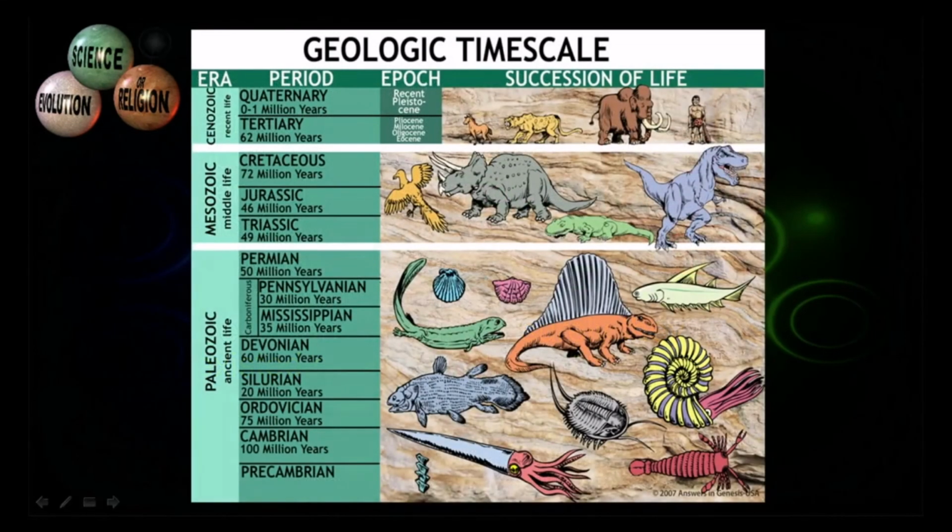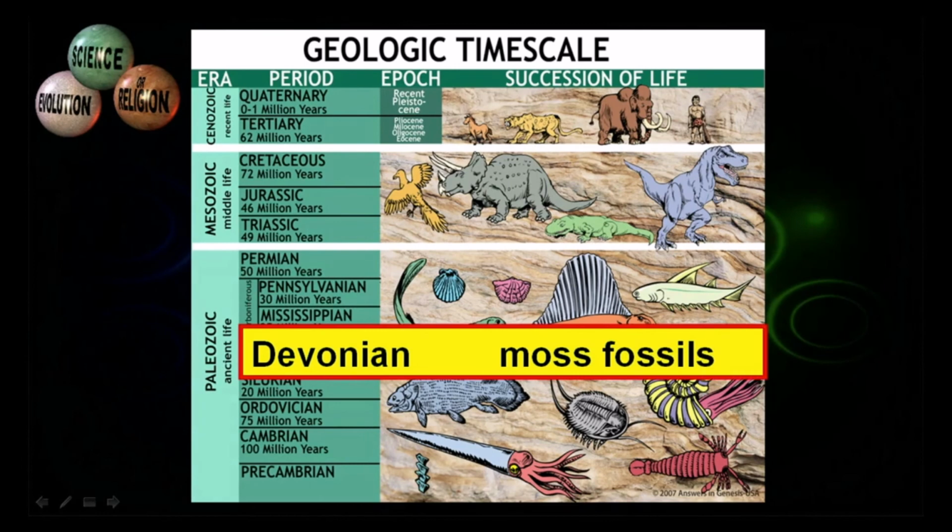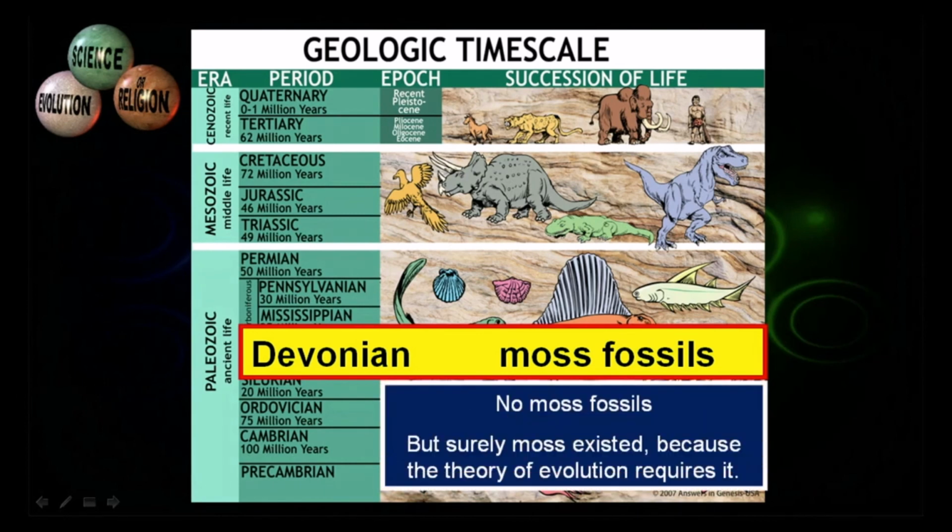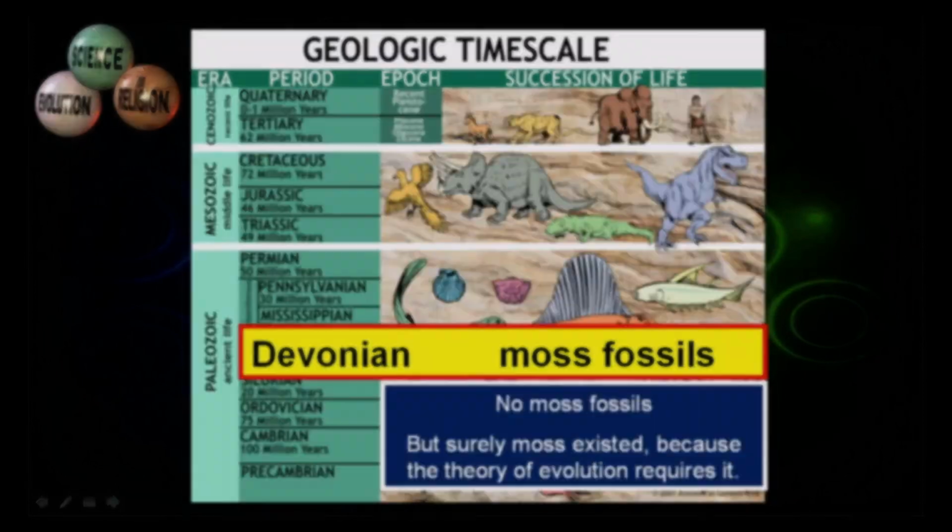So he's saying the earliest mosses are found in the Devonian, but they had to have evolved before that. Even though we don't have any fossil mosses lower down, they had to have evolved then because the theory of evolution requires it. He's just using the absence of evidence when it supports his view and ignoring it when it doesn't.